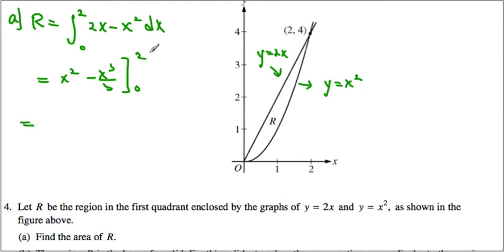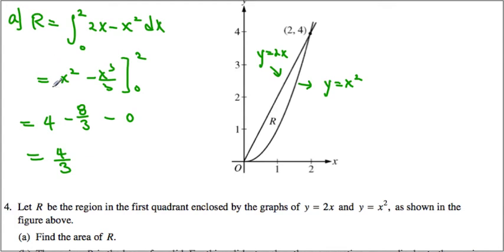Once you plug in 2 here, we end up getting 4 minus 8 over 3. Minus, when you plug in 0, we end up getting 0 itself. But once you evaluate this one, this becomes 4 over 3. So that becomes part A.